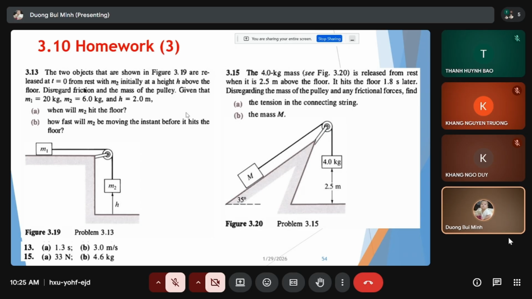Here is Newton's second law, ma, right? Ma in x, ma in y, right?